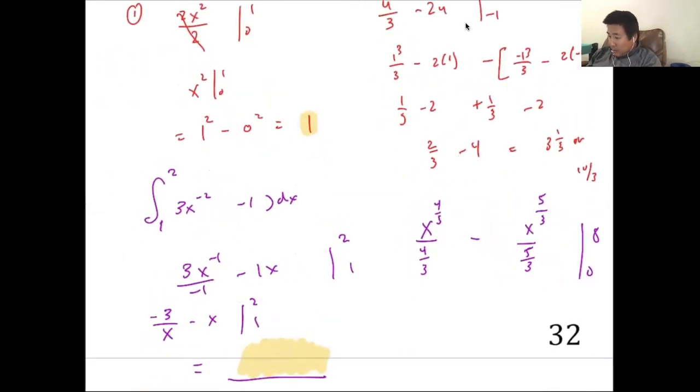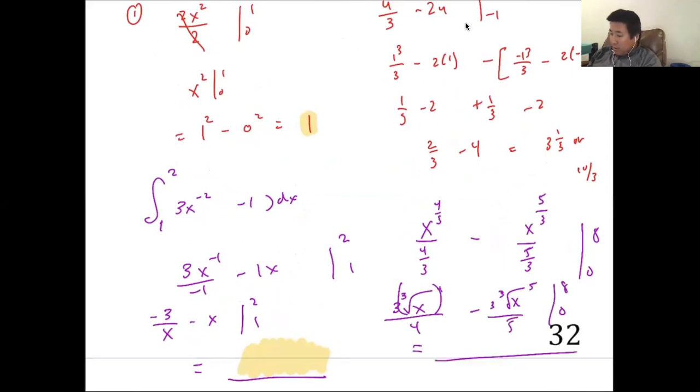So this is 3 cube root x to the 4th over 4 minus x cube root of x to the 5th power times 3 over 5, plug in 0 and 8. I'll let you finish that one for me too, please. I will be checking the notes to make sure that you complete these extra finished exercises.